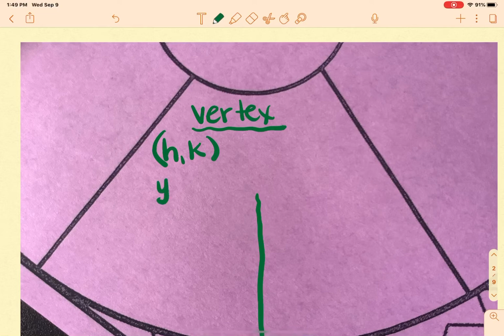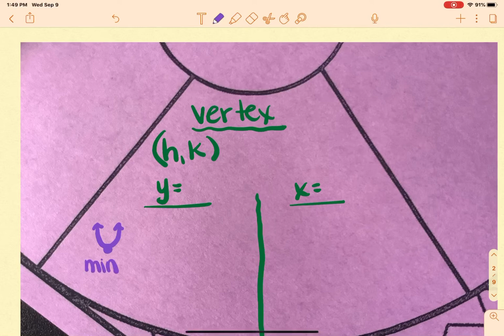Your quadratic equation might be y equals, or it might be x equals. So if it's y equals, and I have a point that's down here, this would be considered the minimum. That would be its vertex. I could also have it opening down, and that point would be its maximum and would also be the vertex point.